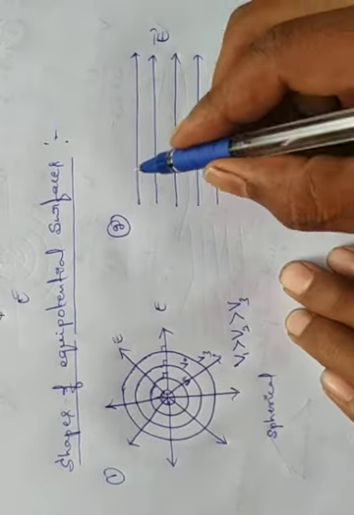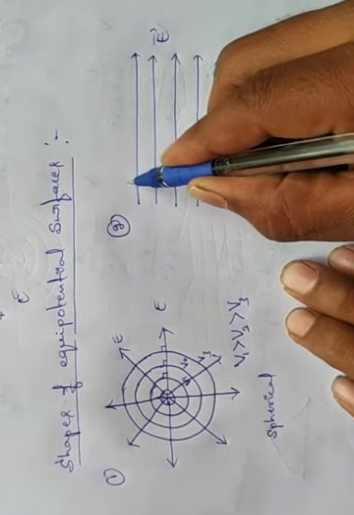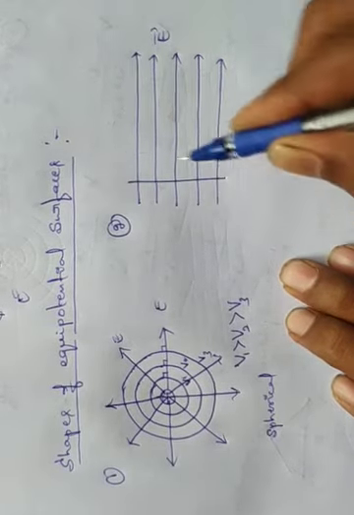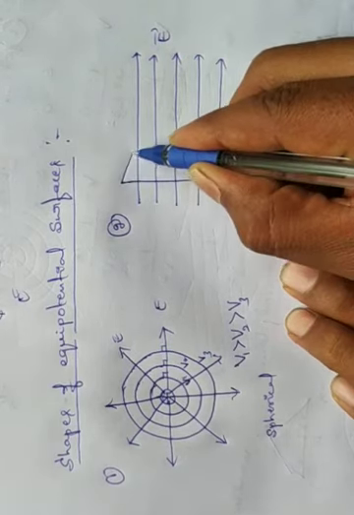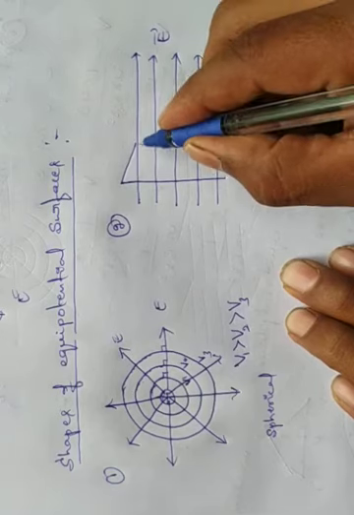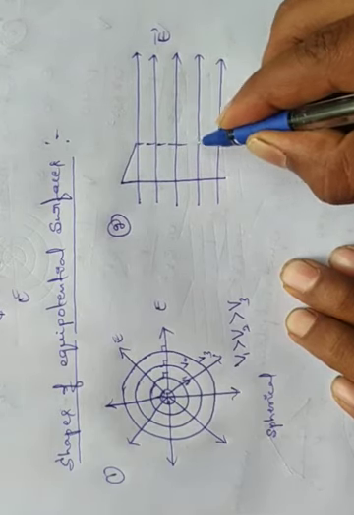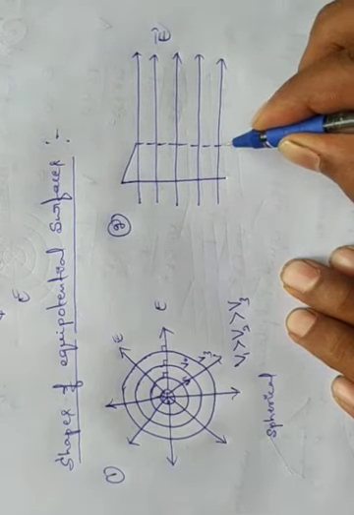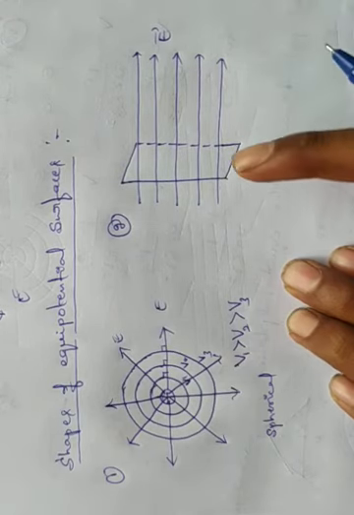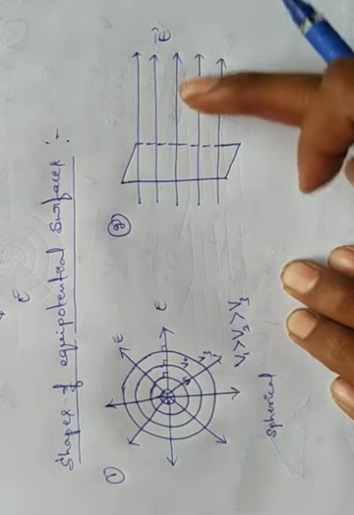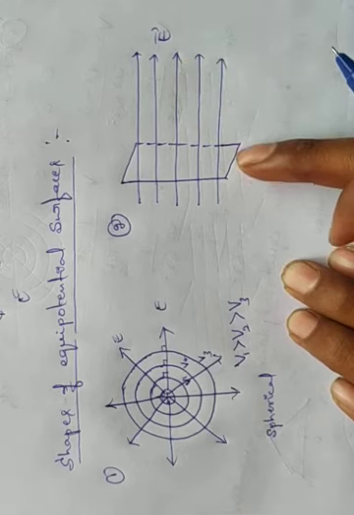Now see, suppose this is the equipotential surface like this. This surface is normal to these electric field lines, or at right angles to them.